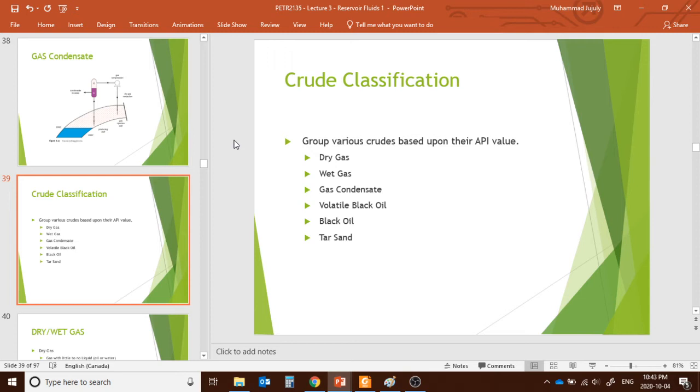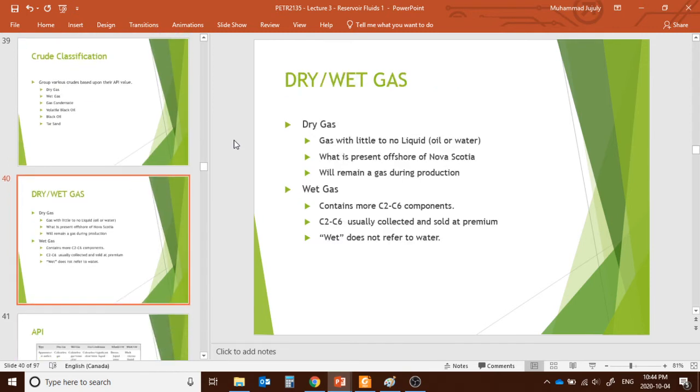We get wet gas, which means a low percentage of oil. We can filter it out and then have dry gas, or we can increase the temperature and it could get dry. But we also have gas with a heavy mixture of liquid in it, which is called gas condensate. And we have volatile oil, black oil, and tar sand. So there are different types of crude.